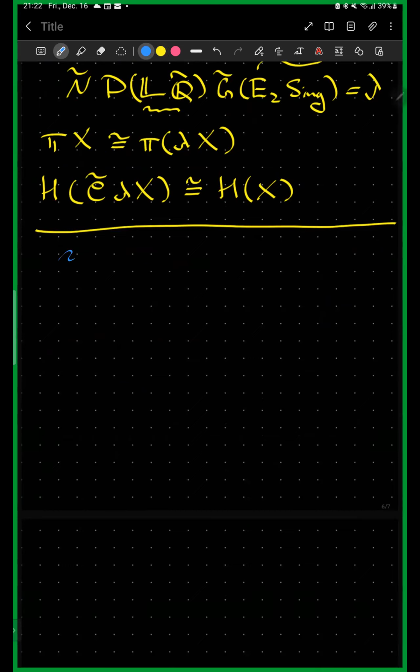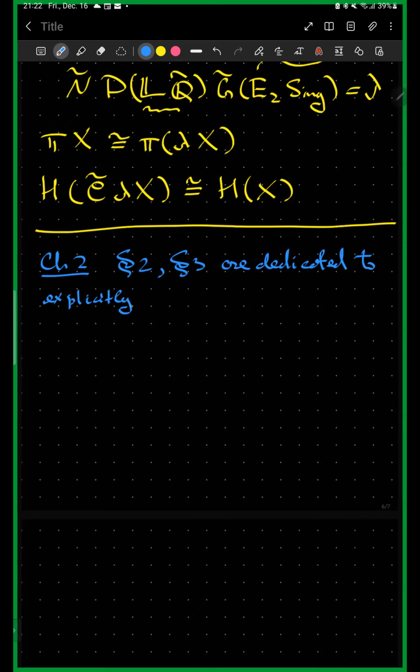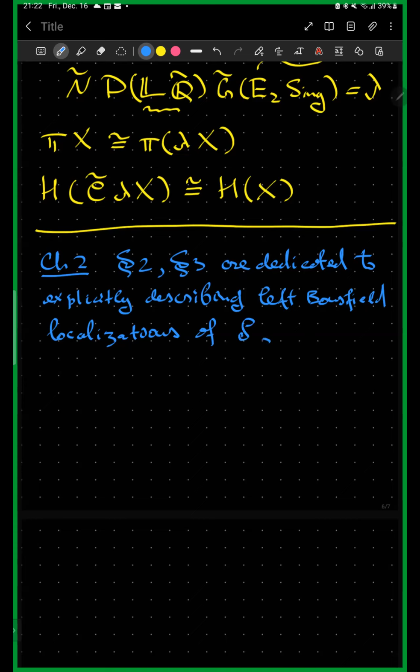So in chapter 2, section 2 and section 3 are dedicated to explicitly describing left Bousfield localizations of simplicial sets and simplicial groups in some multiplicative system inside of integers.